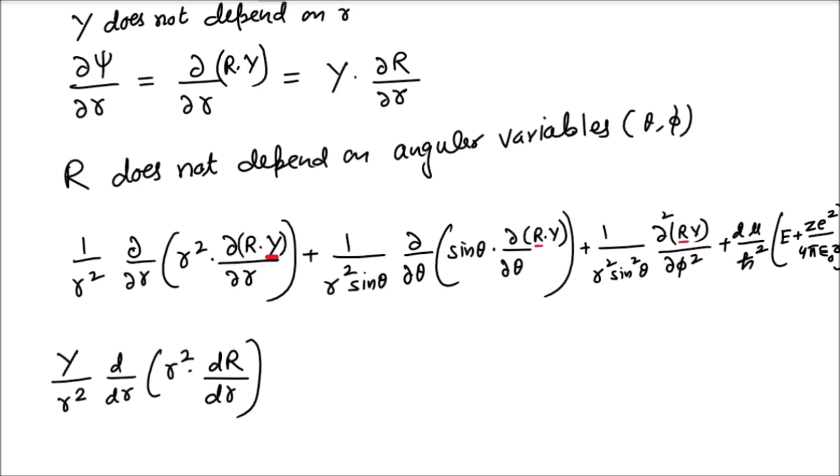Plus, here R is constant, take it out, R into 1 upon r square sine theta, but it remains a partial derivative because Y depends upon theta as well as phi.